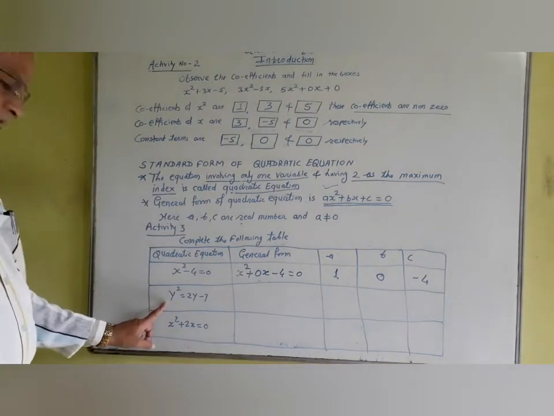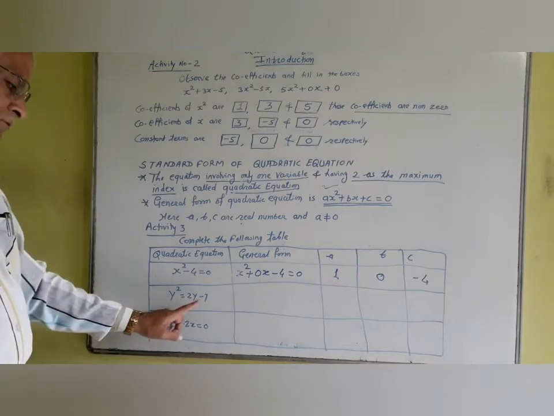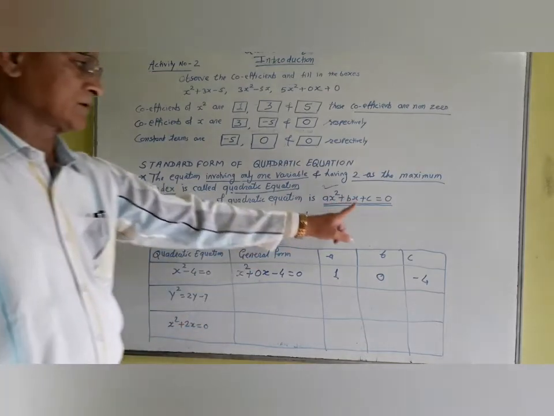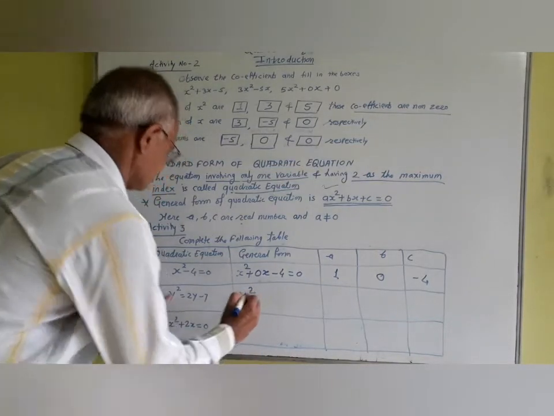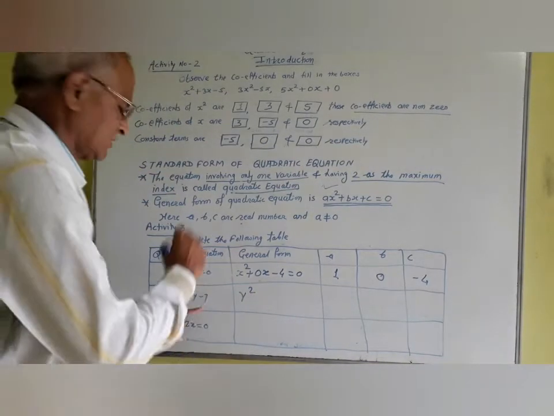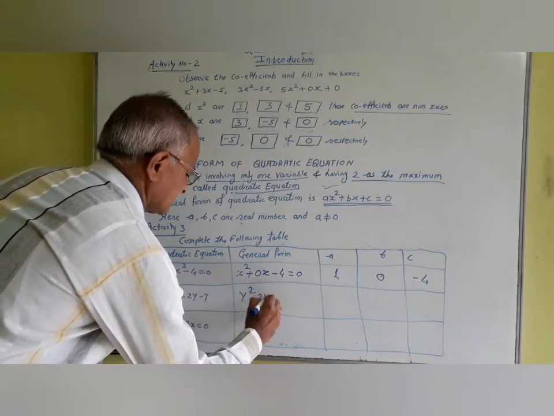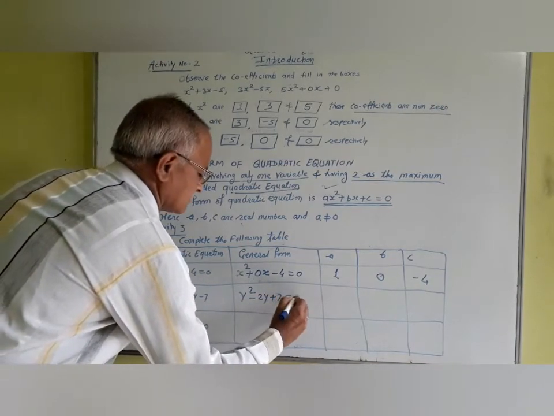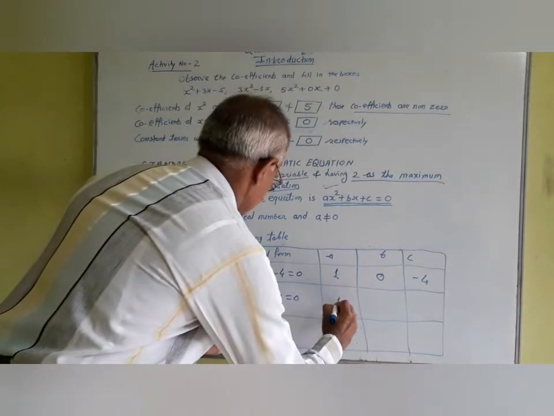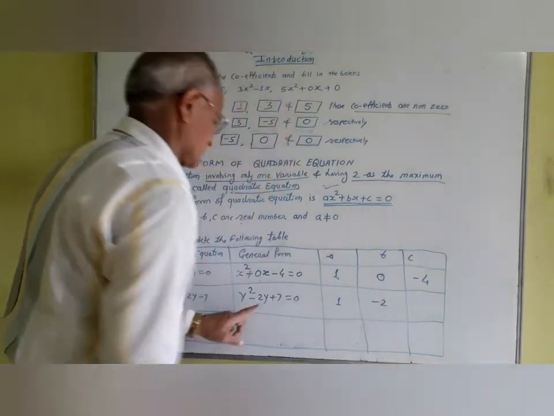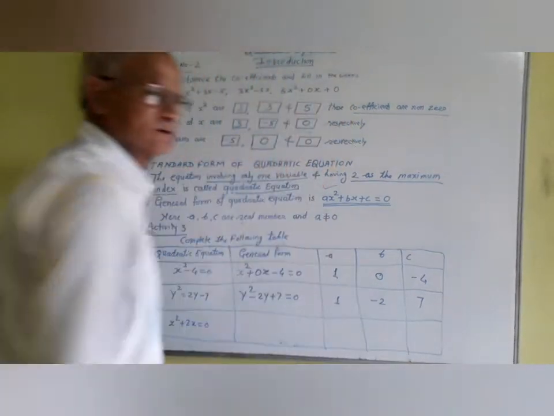Now the second quadratic equation is y² = 2y - 7. We have to write it equal to 0. Therefore, taking 2y - 7 to the left side, it becomes y² - 2y + 7 = 0. Now compare: a = 1, b = -2 and c = 7.